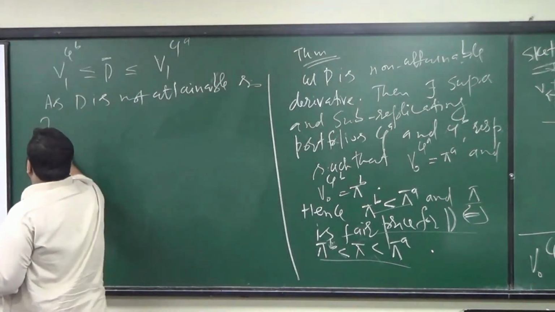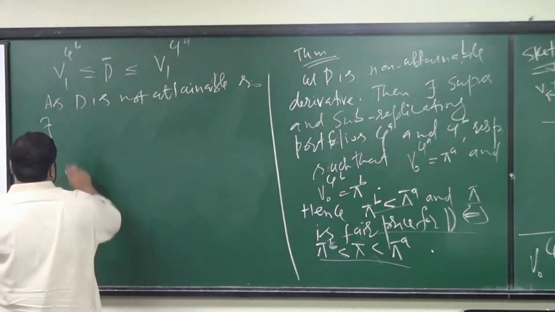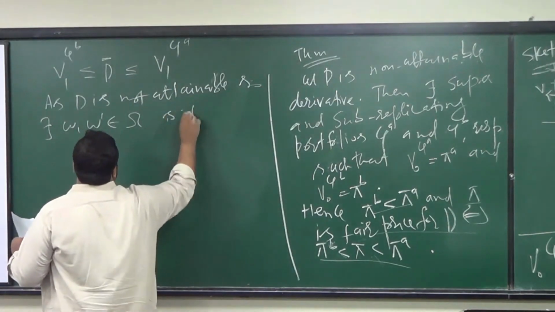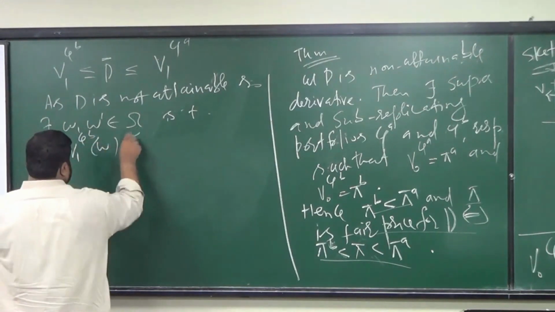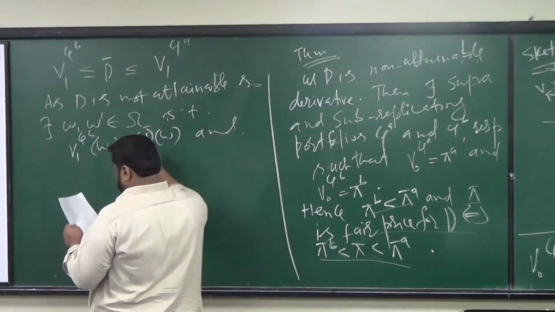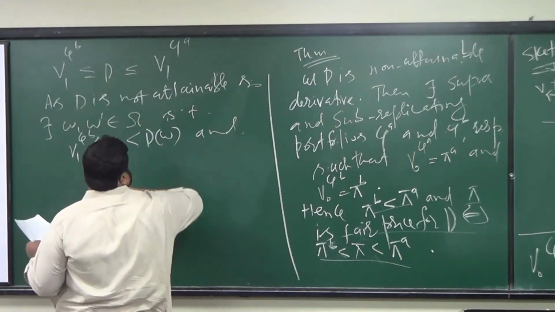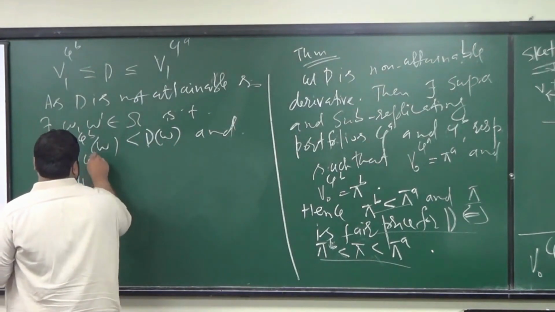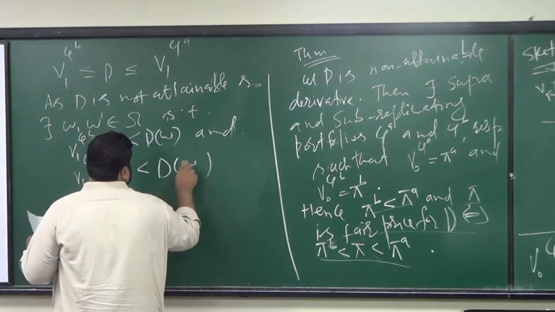there exists some omega and omega prime in omega such that v1 phi b of omega is strictly less than d of omega, and v1 phi a of omega prime is strictly less than d of omega prime.